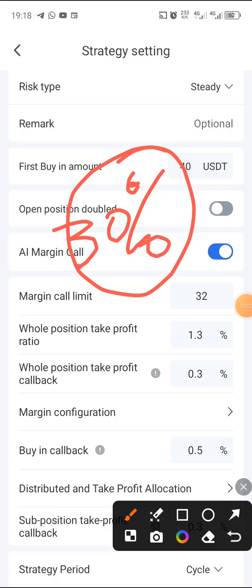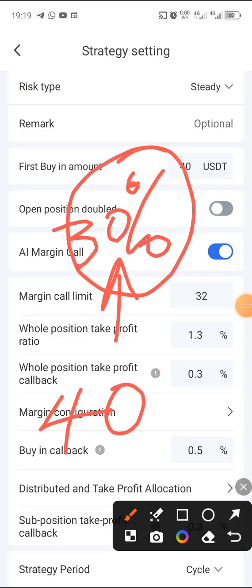Let me come again. 30% of money invested in the coin, not 30% of your capital. I hope you're understanding. Because you entered the market with $40.